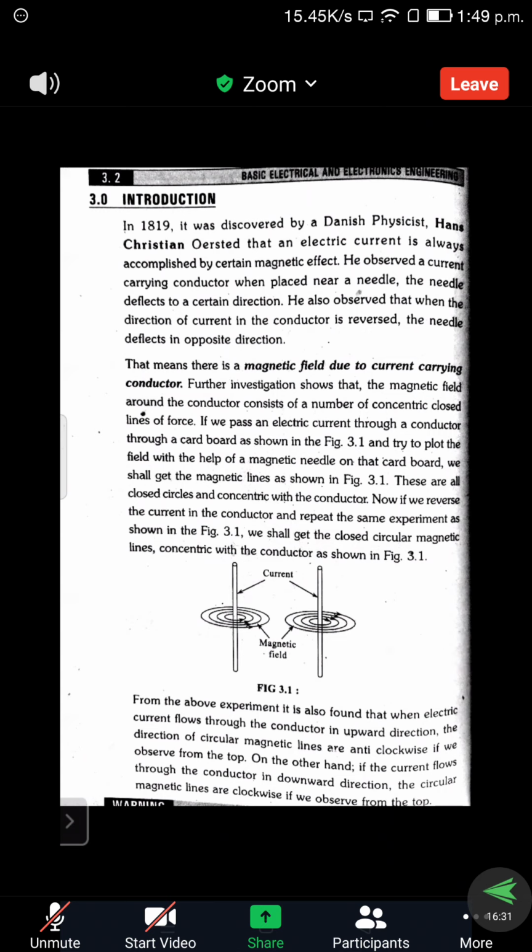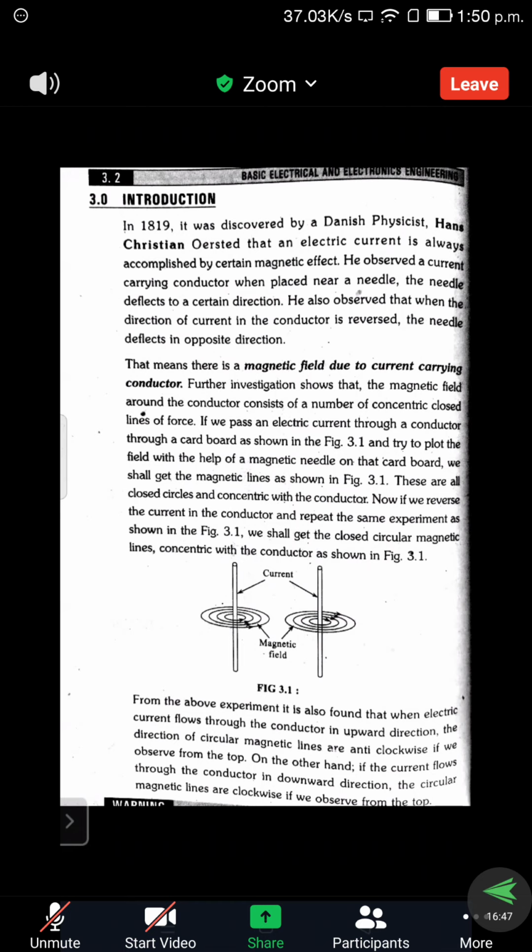Then he observed that the needle starts deflecting. So he concluded that magnetism is present in electrical energy.